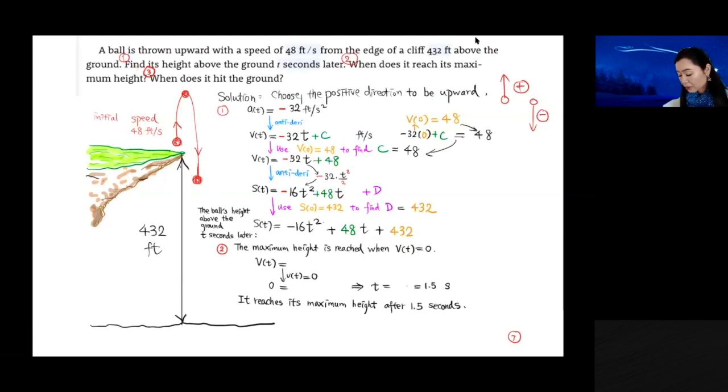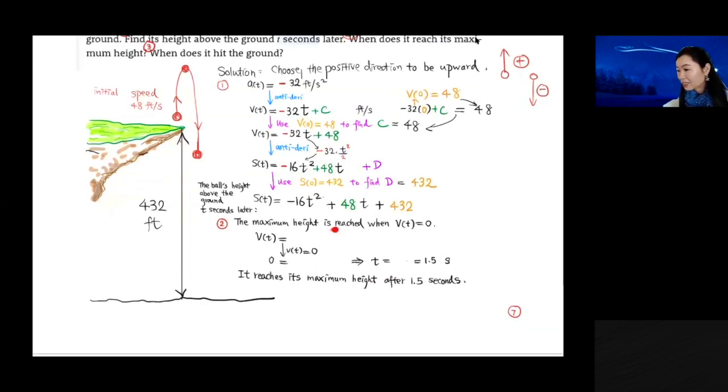The second one: when does it reach its maximum height? Well, if you learned in physics, you know that at the maximum height, the velocity will be equal to 0. We know that V(t) is negative 32t plus 48, which we just found right here.